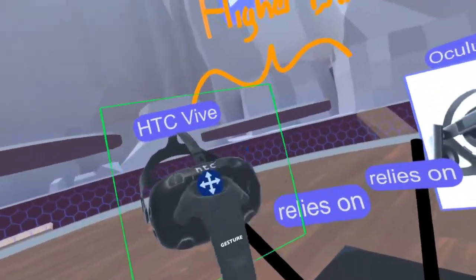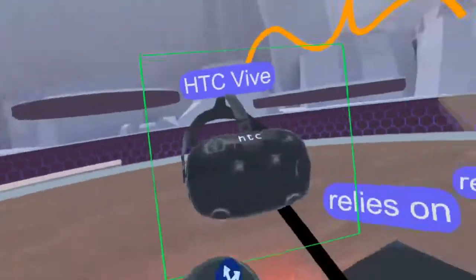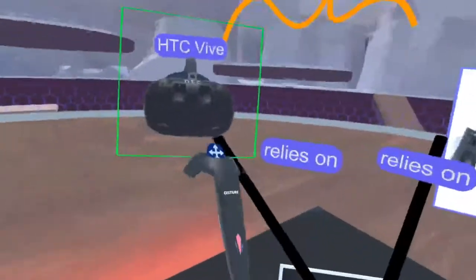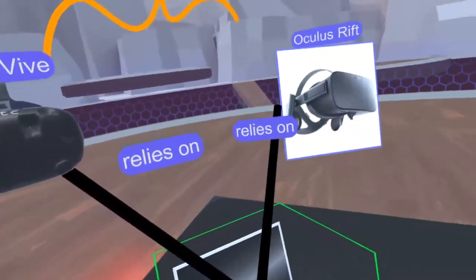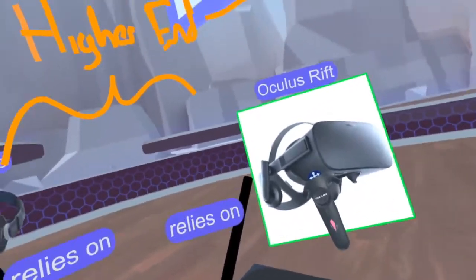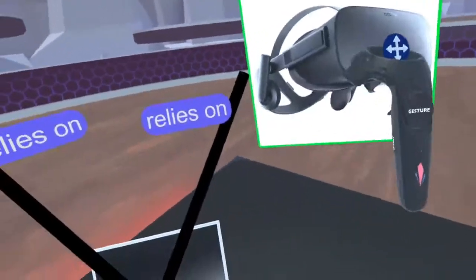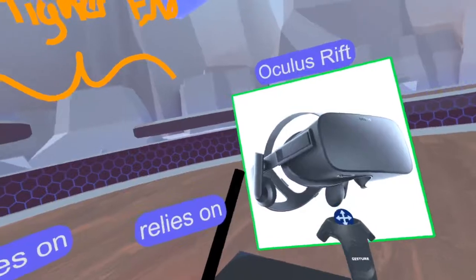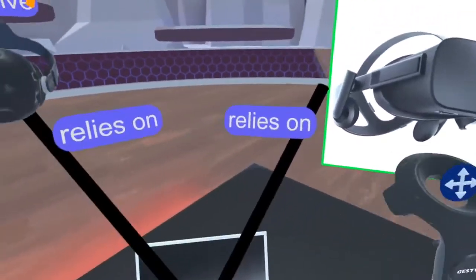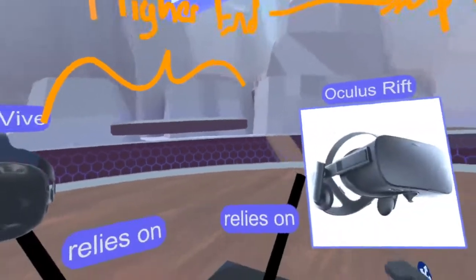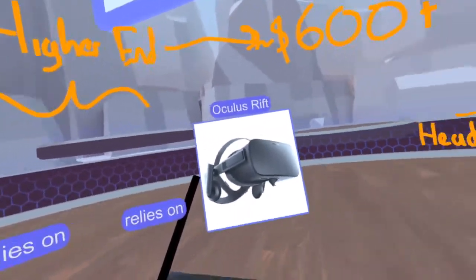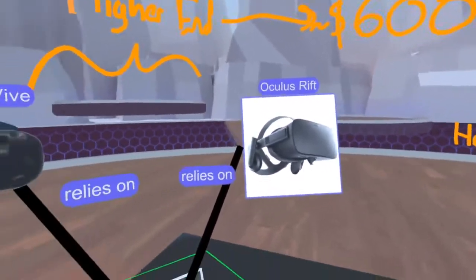It has some divots on the front, which enable that 6 DoF tracking I was talking about. The Vive requires a computer in order to work. So when I'm using it, I plug it into my computer. The Rift is similar in that it has 6 degrees of freedom tracking, except the Rift has a slightly different mechanism, which I'm not going to get into right now, and it's also tethered to the computer. And so these 2 headsets probably provide the highest quality VR experience to date.